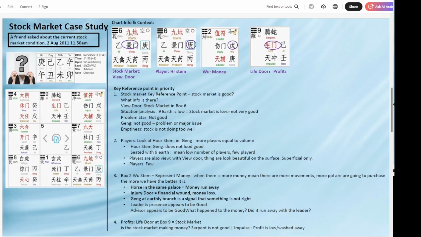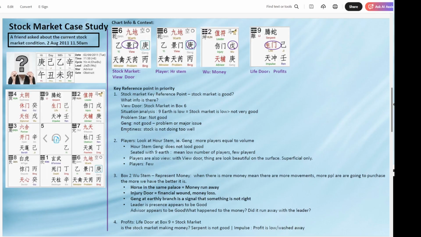We also see the Problem Star within the box, and of course, Problem Star can never be good. And we're seeing a Geng stem, which could represent problems or major issues in the stock market.